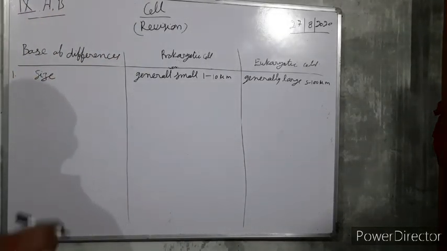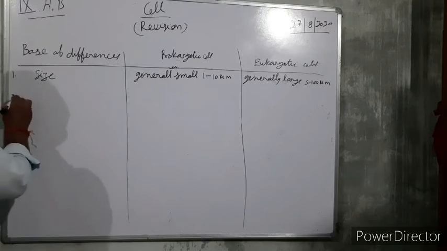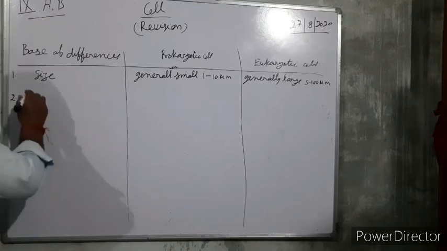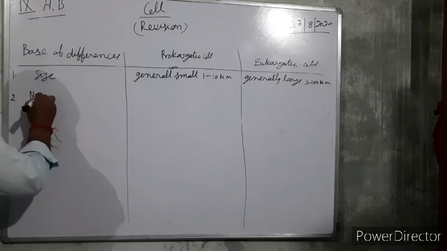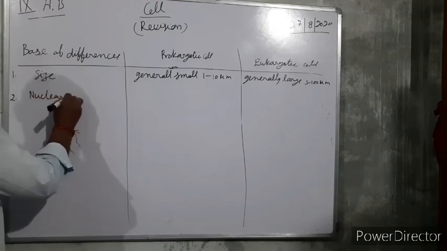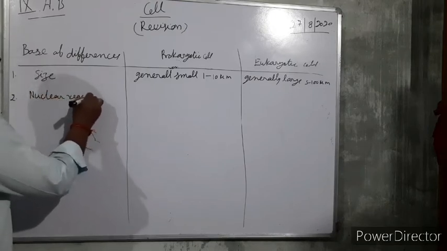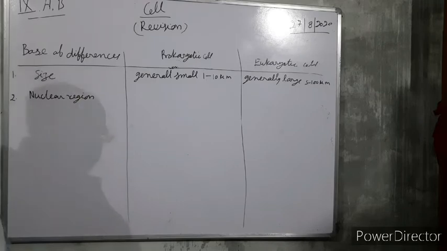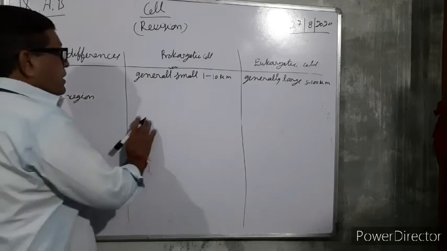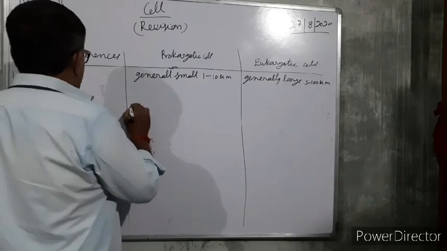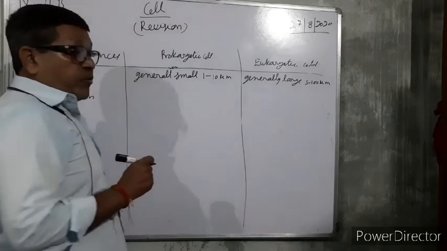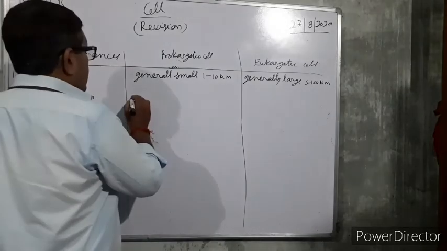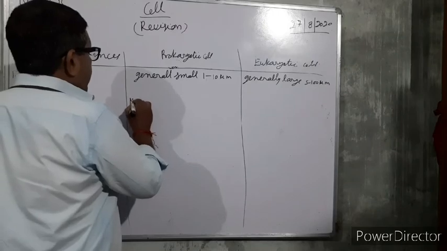Now see, next one is the nuclear region. What difference is there? One outermost boundary of the nucleus, what is its name? Nuclear membrane.